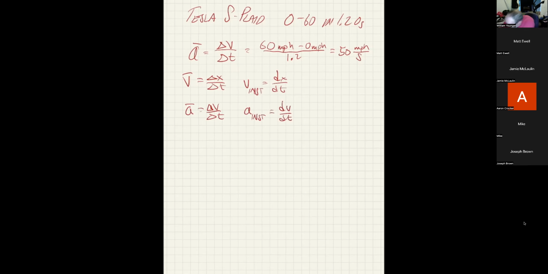So if you make a plot, for instance, of velocity versus time, the slope is A. Okay, but the height is the velocity.